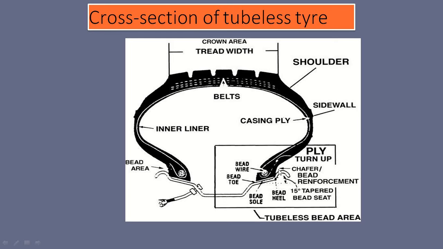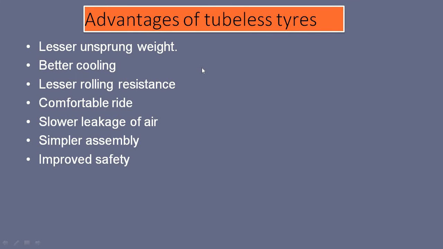There is a 15-degree tapered bead seat at the corner on the rim, and the ply turns up from the bead. These are the sidewalls. The casing ply is provided inside. This is the shoulder. In between, the tread width and the belts are provided. Inner liner. So this is the cross section of the tubeless tire.